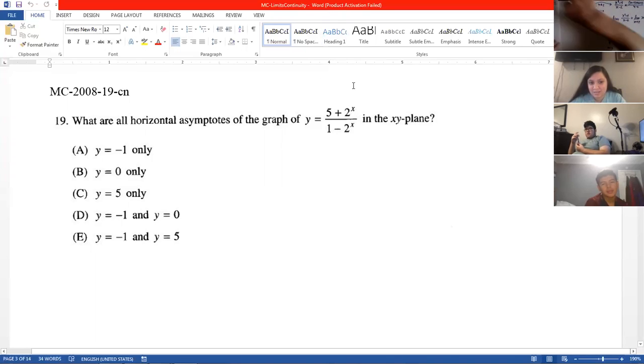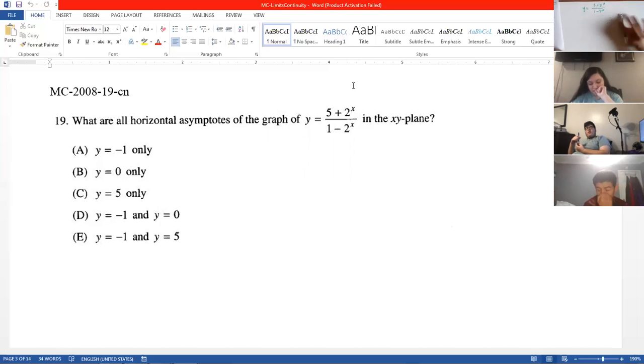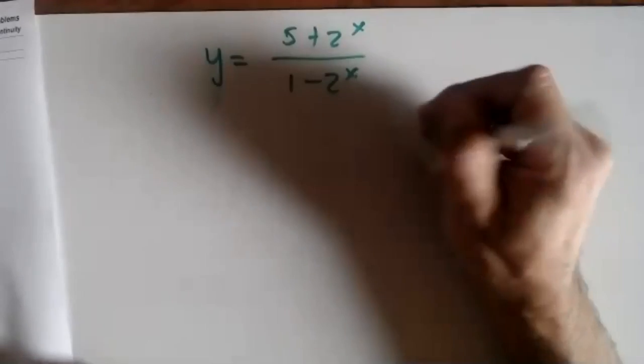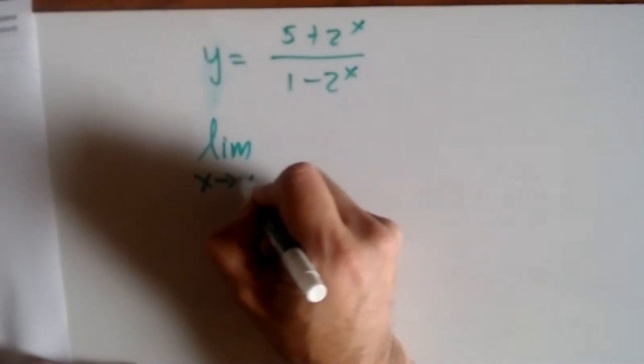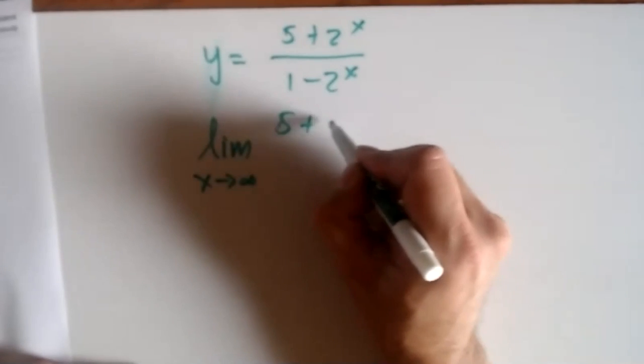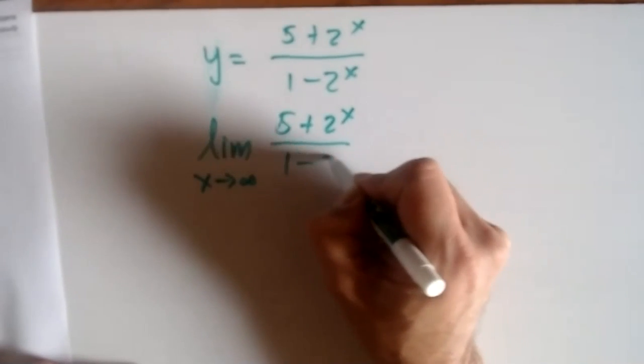Let me just put this one right here. So I have the limit, y equals 5 plus 2 to the x over 1 minus 2 to the x. Okay, let me just switch screens right here. For the horizontal asymptote, I have to take the limit at infinity of 5 plus 2 to the x over 1 minus 2 to the x.